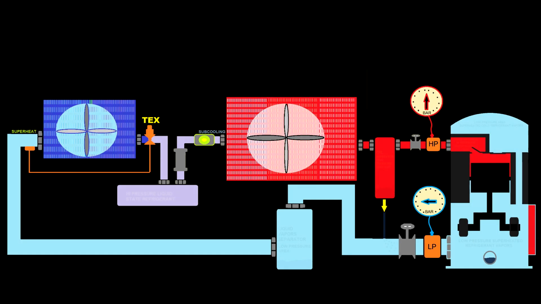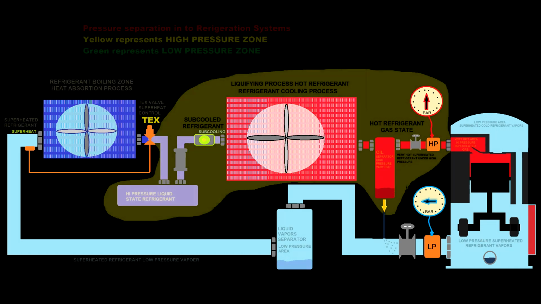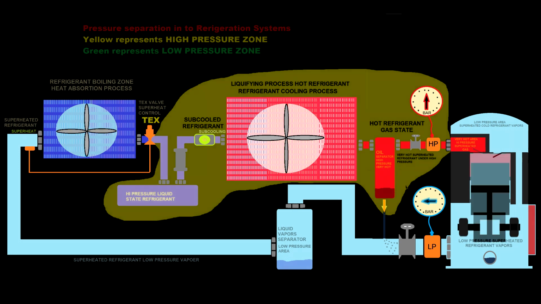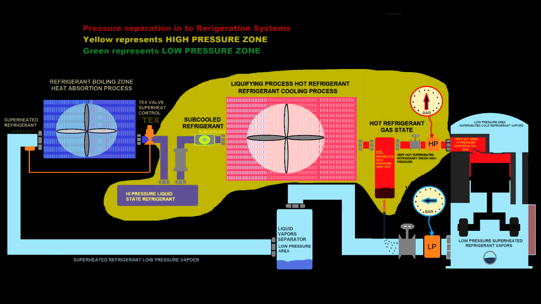Imagine you want to see the refrigeration system. Let's run through the entire system. On the right hand side we have the compressor. As you will see, inside the compressor you have moving parts. That's the crankshaft and the piston. What does that piston do?